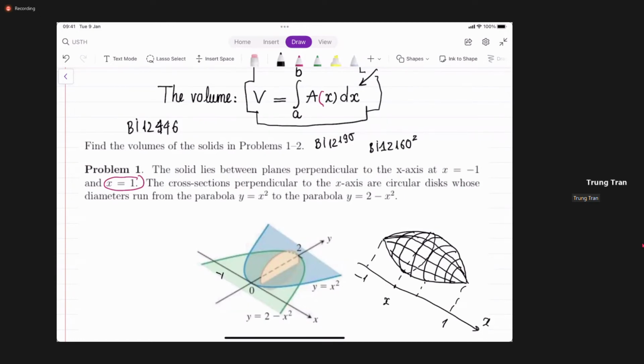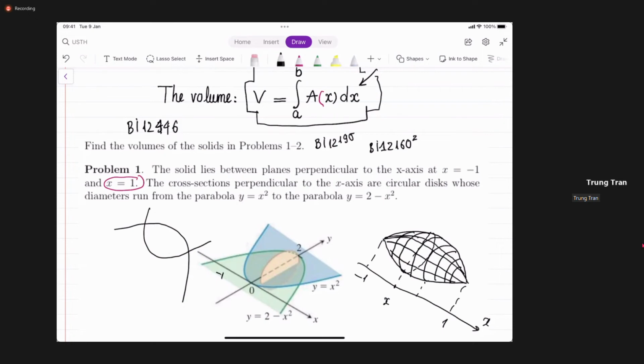In the picture, you can see one parabola here and another here, and the region in the plane enclosed by the two parabolas is this.